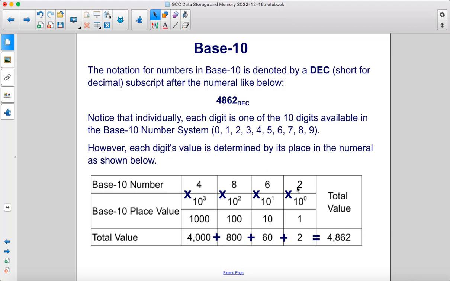The 2 is worth 2, since it's 2 times 10 to the 0. 10 to the 0 is 1. The 6, however, is worth 60, since it's in the 10 spot. So 6 times 10 is 60. The 8 is worth 800. The 4 here is actually worth 4,000. And when you add all of those together, you get 4,862.